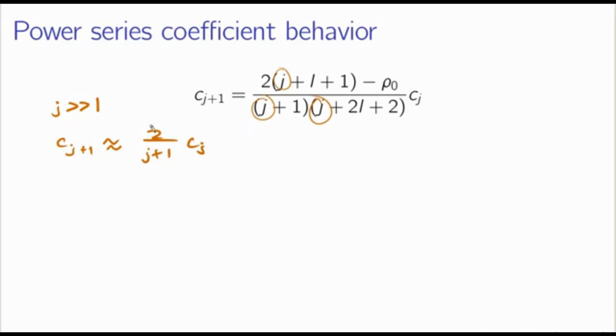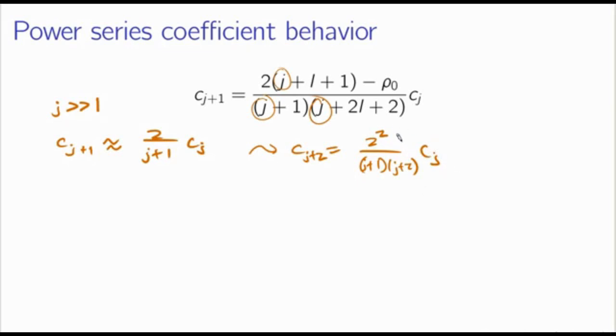What this actually ends up giving you is, for instance, let's consider what I would get for c sub j plus 2. C sub j plus 2 would be, this 2 is going to reappear, 2 squared over j plus 1, j plus 2, c sub j.